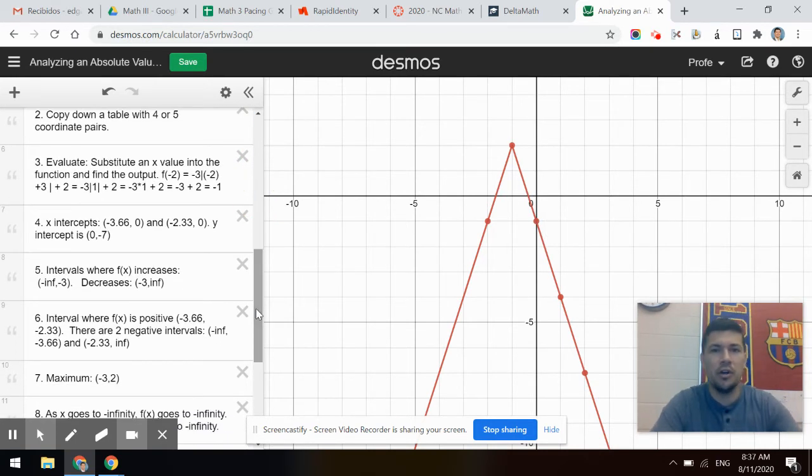Steps 5 and 6 talk about intervals. When we mean intervals, I want you to think back to your first lesson on piecewise functions, where you saw the intervals beside the function. So intervals are domain intervals. So the first question is, where is this function increasing? Functions are read from left to right.